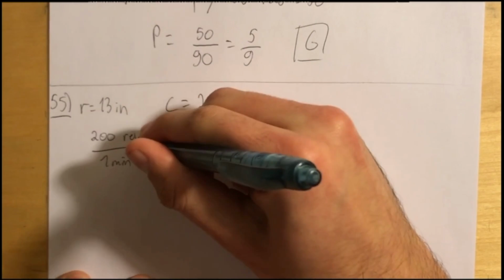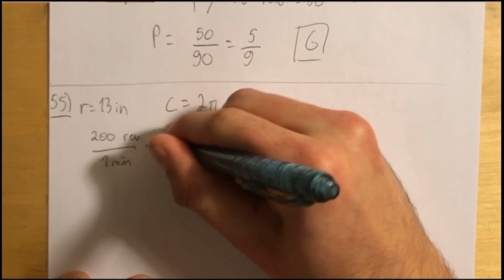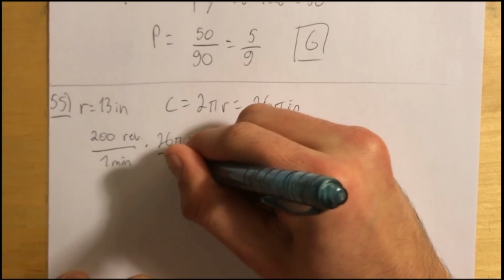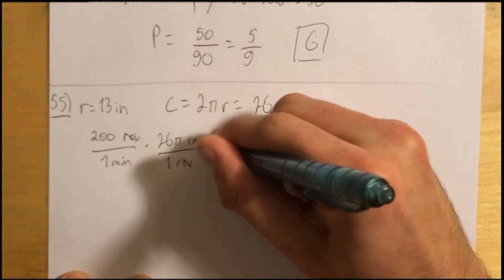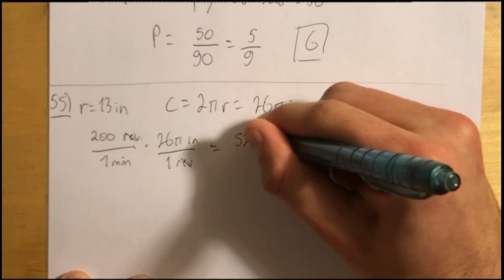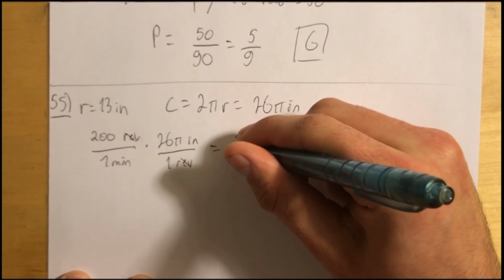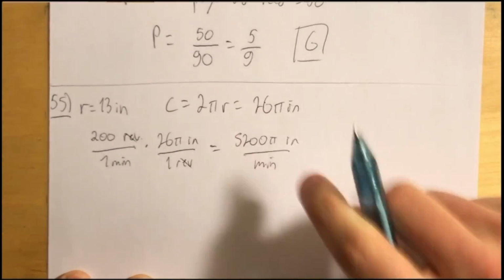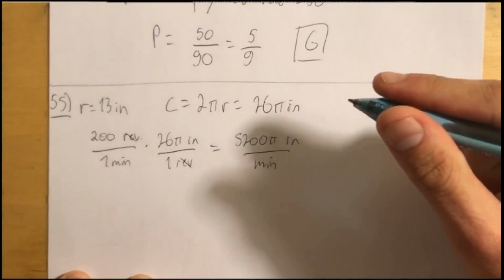So 200 revolutions in 1 minute times 26 pi inches in 1 revolution. Revolutions cancel out. We end up with 5200 pi inches per minute, which is our answer, just not in the right units.